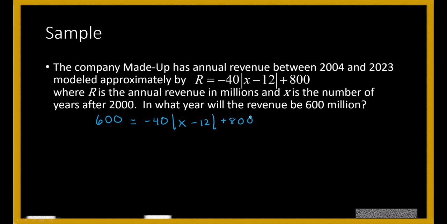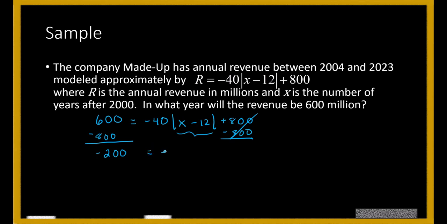As in all absolute value problems, we need to isolate what is inside the absolute value sign. So first, I'm going to do the normal algebra process. I'm going to subtract the 800 from both sides first. That becomes 0. 600 minus 800 is negative 200.